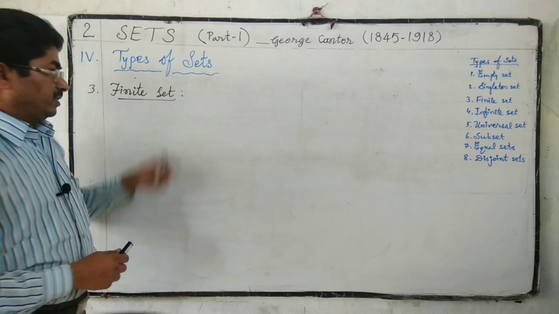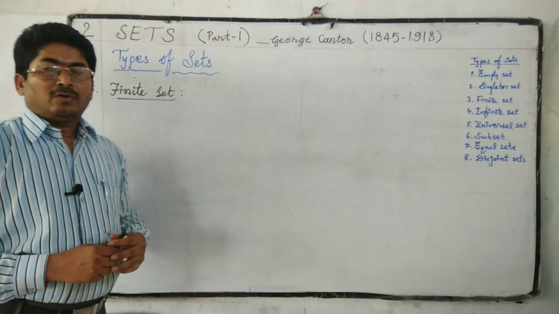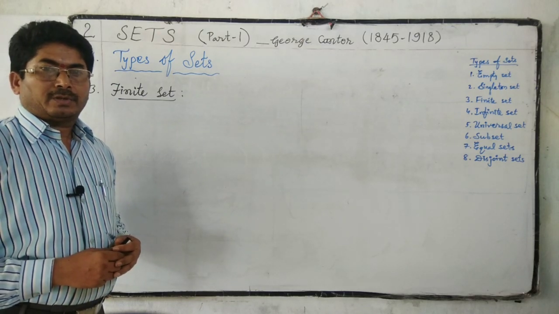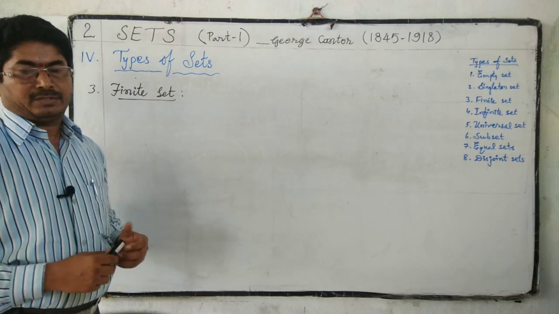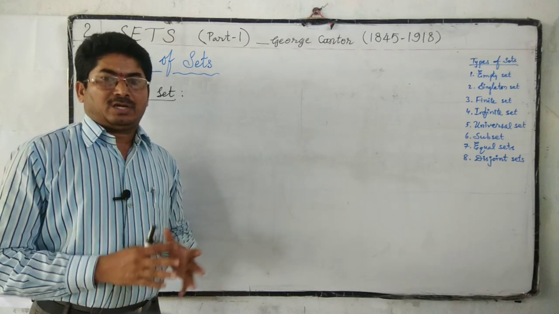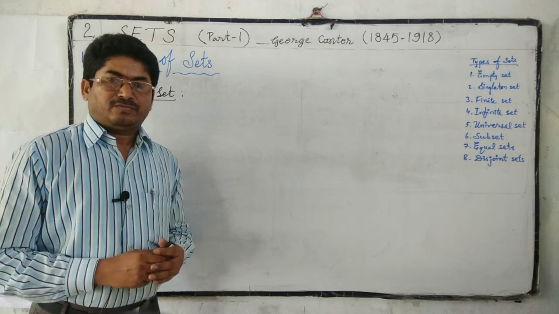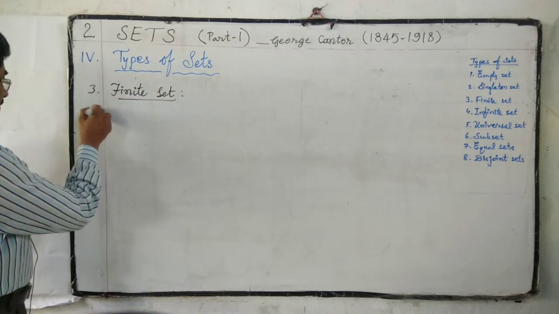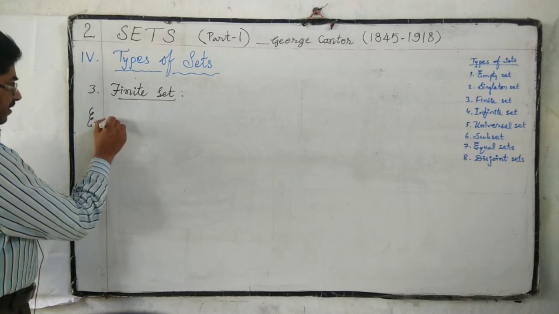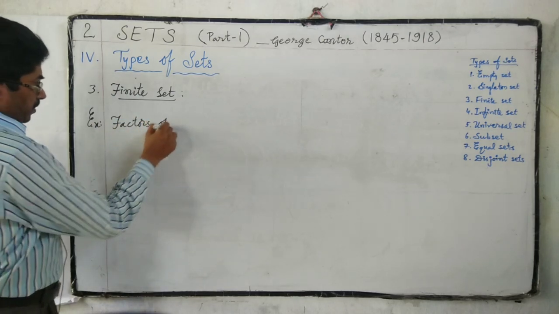So finite set. If a set contains a finite number of elements, it is called a finite set. Finite number of elements means we can count the elements in a set. For example, factors of 8.